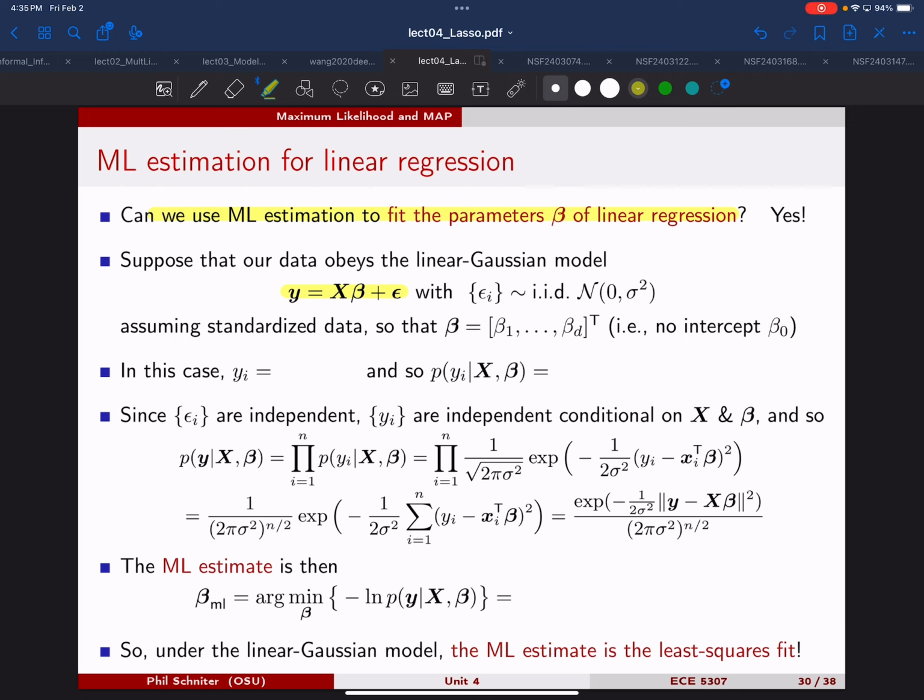We are going to assume that we have standardized data, which means that the intercept term beta 0 equals 0. That means that in this beta vector here, we don't have to include the beta 0 term, and we don't need an A matrix with the first column of 1s. We can just put in our features there. But what we're doing differently here is we're saying that the true model is linear, but with very particular noise values.